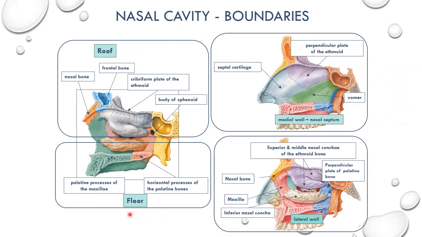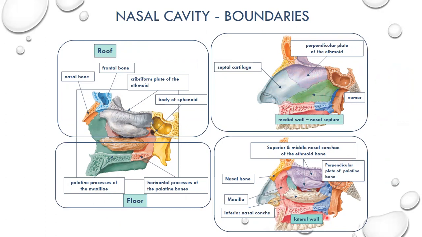The floor is made of the palatine process of the maxilla and the horizontal plate of the palatine bone, so only two types form the floor. For the medial wall, the nasal septum is formed by the septal cartilage, the perpendicular plate of the ethmoid bone, and the vomer.